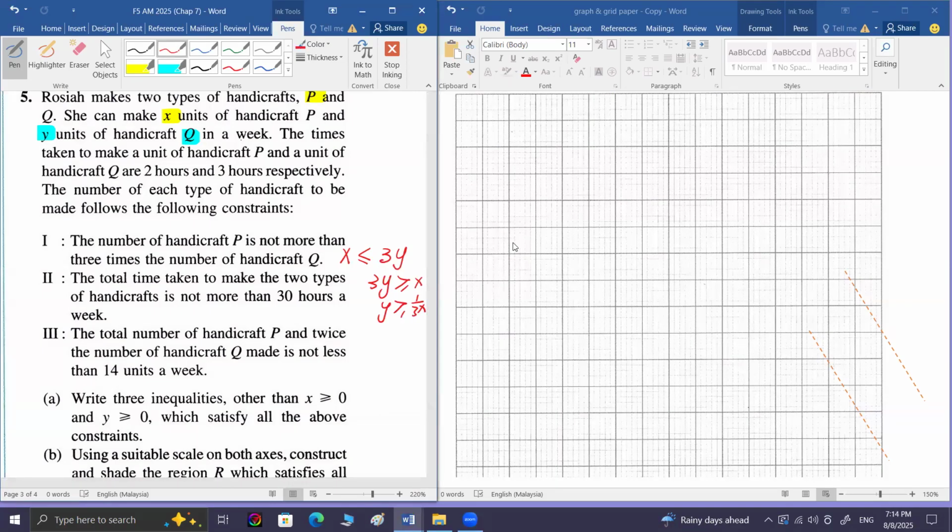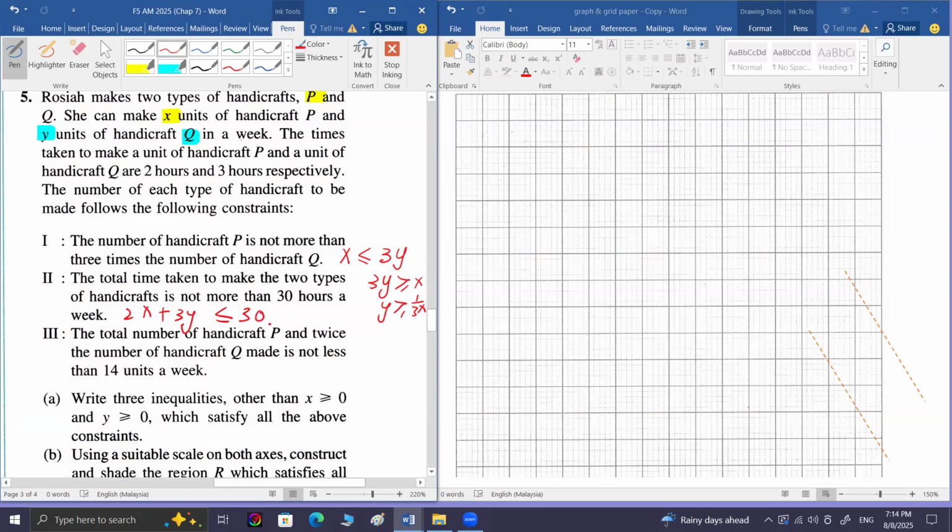Okay, second one: the total time taken to make the 2 types is not more than 30 hours a week. 30 hours, okay, we see the hours. 2 hours for X and 3 hours for Y, where it's not more than 30, okay?